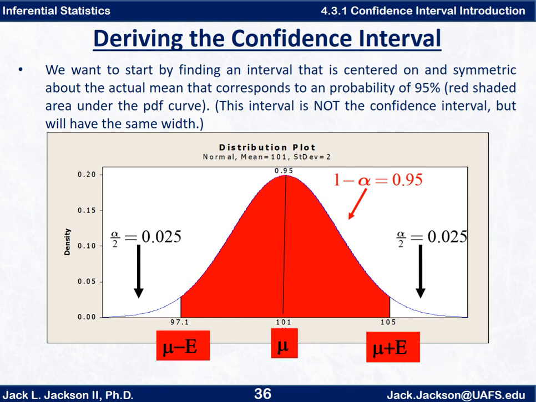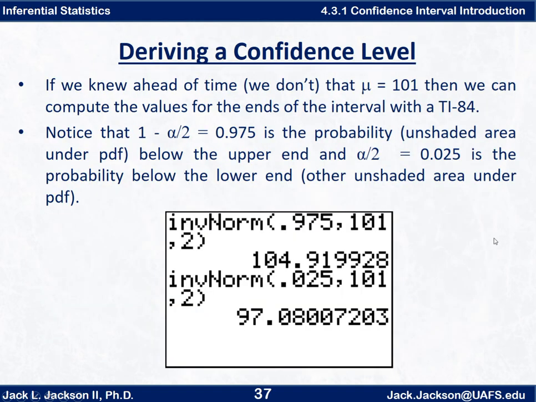And remember, when we do an inverse norm, we have to give it the probability to the left. So we do inverse norm of 0.975, which will give us this 105. And then if we want this one here, the 97.1, that's going to be an inverse norm, and we need the probability to the left, which is just 0.025. So we figure those two numbers using our calculator. Inverse norm of 0.975, mean was 101. Remember, this is for the sample means, so the standard deviation of the x bars is 2.